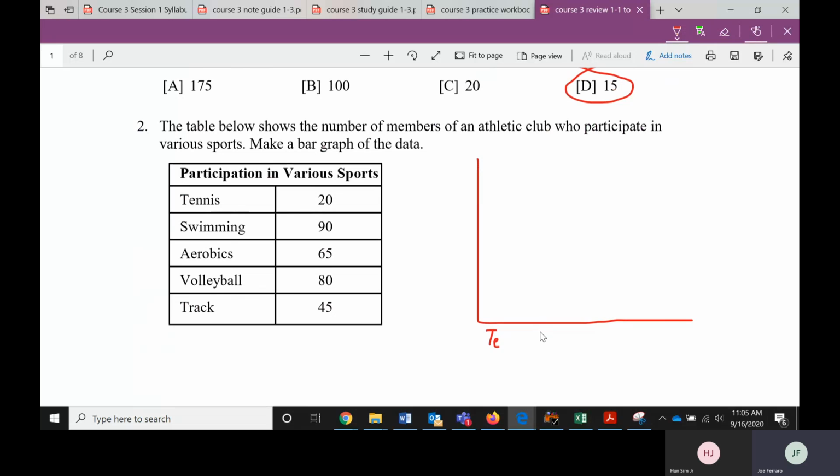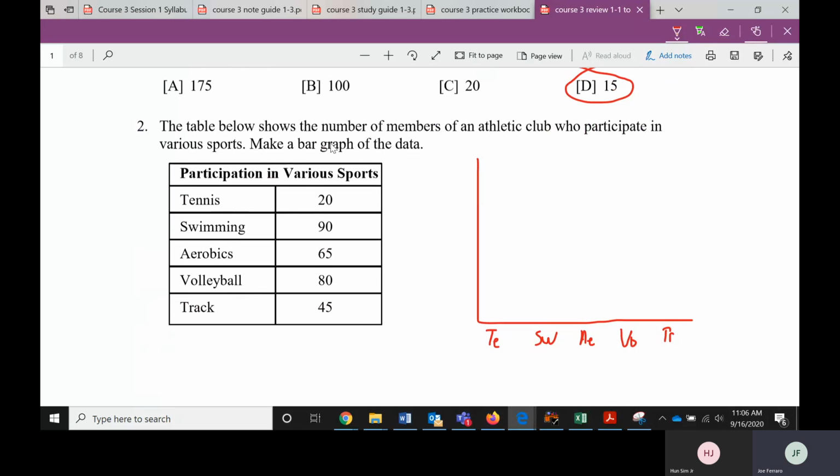So that's tennis, swimming. This will be a little easier if you use a pencil and lined paper, and you could write out the words if you wanted to.